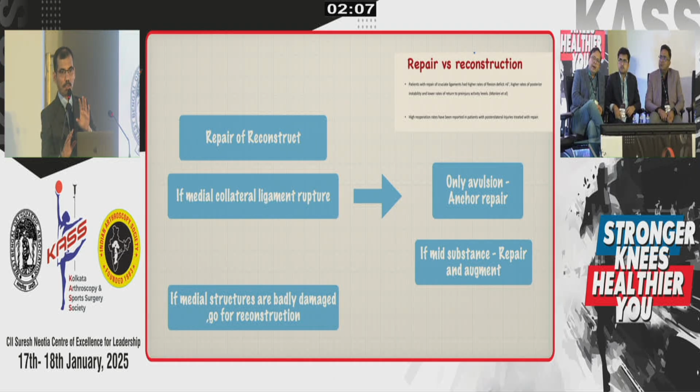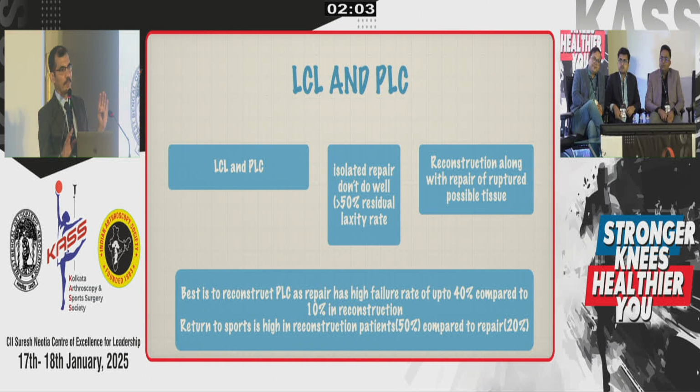If it is an avulsion type, you can just repair and see how it goes. For LCL and PLC, intra-substance repair does not work very well, so you always augment LCL and PLC. It is best to reconstruct the PLC, as repair has a very high failure rate. Especially for PLC, do reconstruction rather than just repairing.